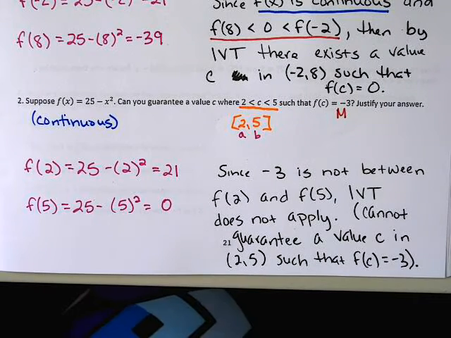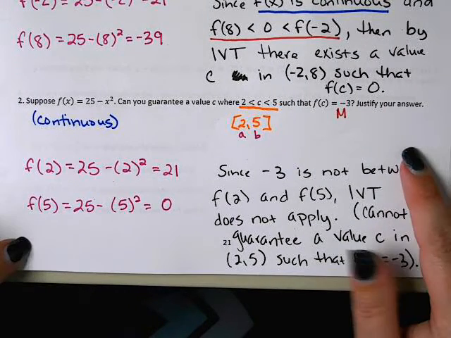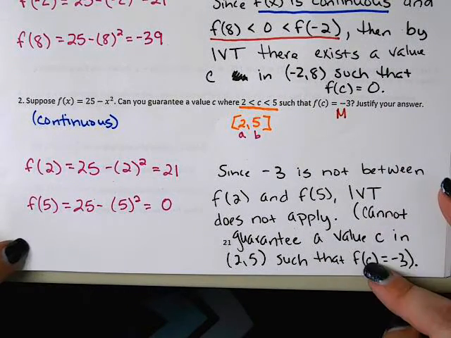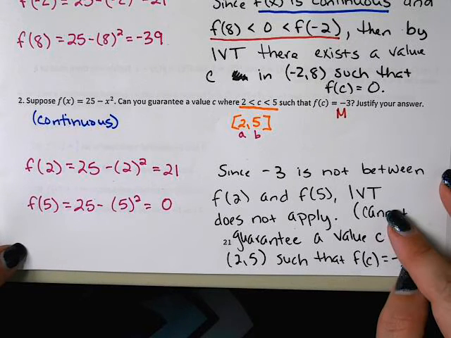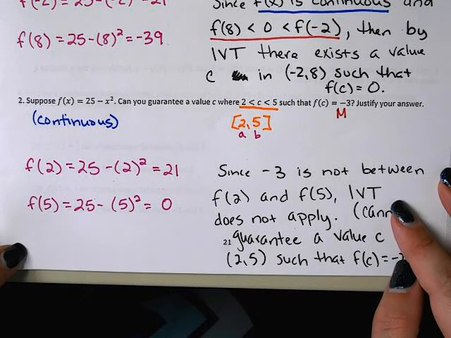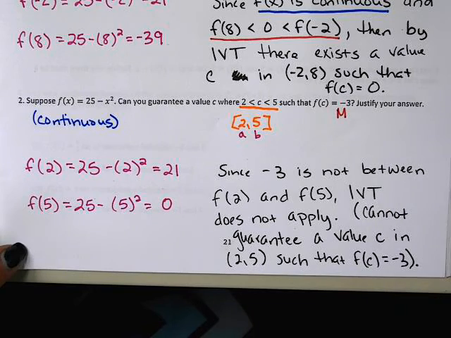All right, so really our question was, can you guarantee it? And really the answer is no, we can't, because intermediate value theorem doesn't apply. So without other stuff, we're not able to get there.